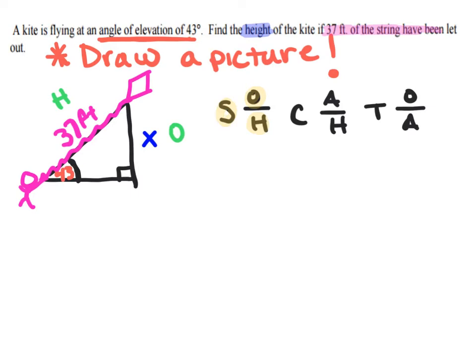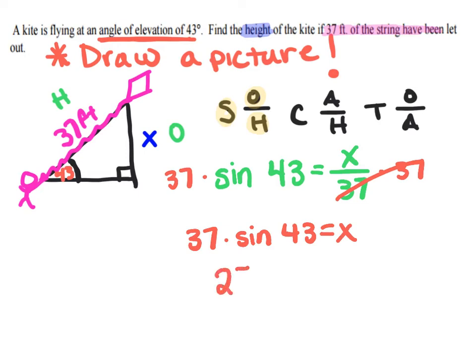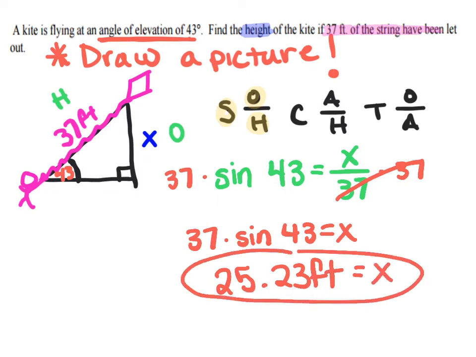So I could say that sine of 43 equals x over 37. Now, in order to solve, we would have to multiply both sides by 37. So you have 37 times sine of 43 equals x. And we plug that in your calculator. It gives you a value of 25.23 feet equals x is your final answer.